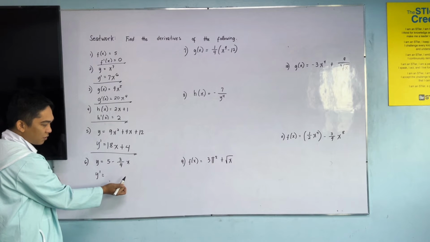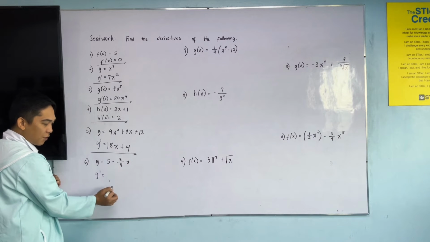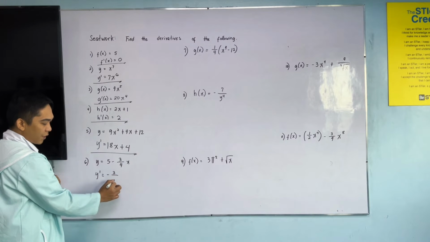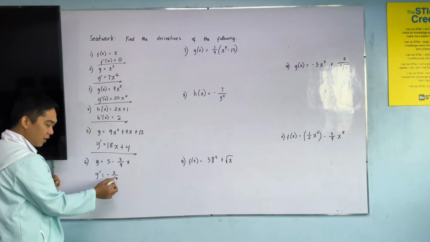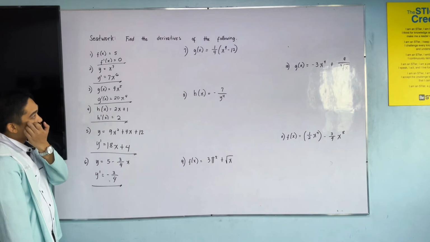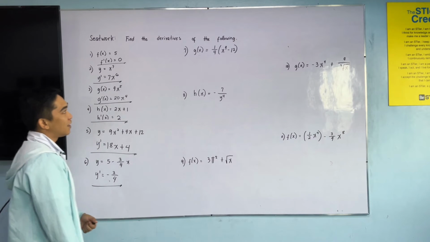Now, we have 1 times negative 3/4. So, negative 3 over 4. Wala na si x, no? Kasi 1 minus 1, that is 0. Right? So, madali yung 1 to 6. Let's try 7.